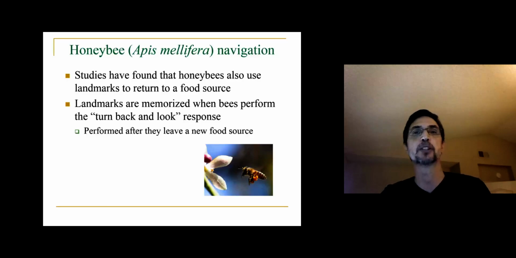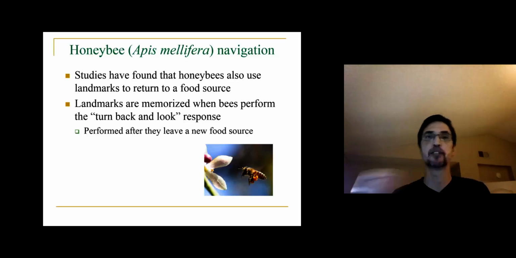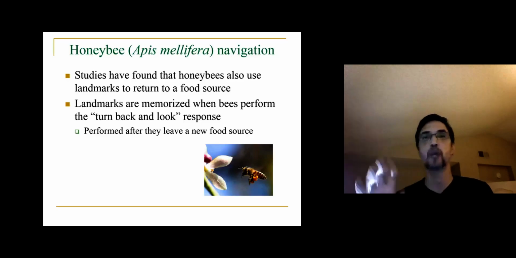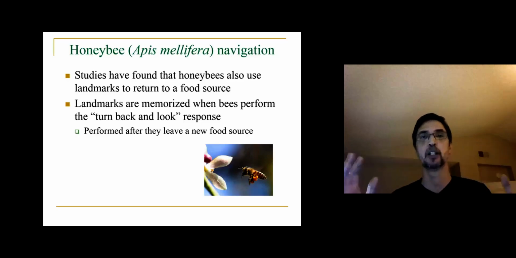And what the research suggests is that landmarks for desirable food sources are learned, they're memorized, when the bees perform what's called the turn back and look response. Right? So when they leave a food source, rather than flying directly away, they'll turn and they'll spend some time scanning the area, presumably encoding what the key landmarks are around that food source.